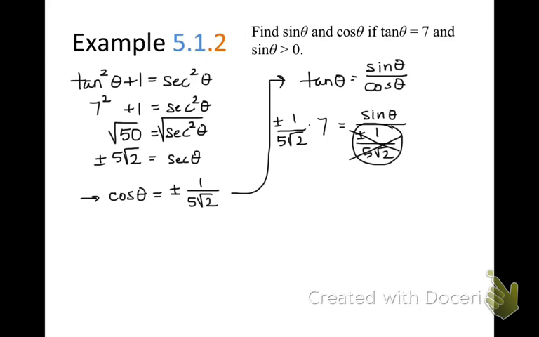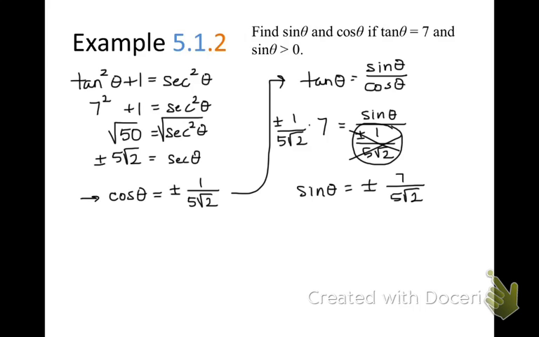That means that the sine of theta is equal to plus or minus 7 on top over 5 square root of 2. Does everyone understand why I can use the quotient on that second step but not the first step? Yeah? Okay. At this point, though, I need to make sure that I've got the correct signs on things.